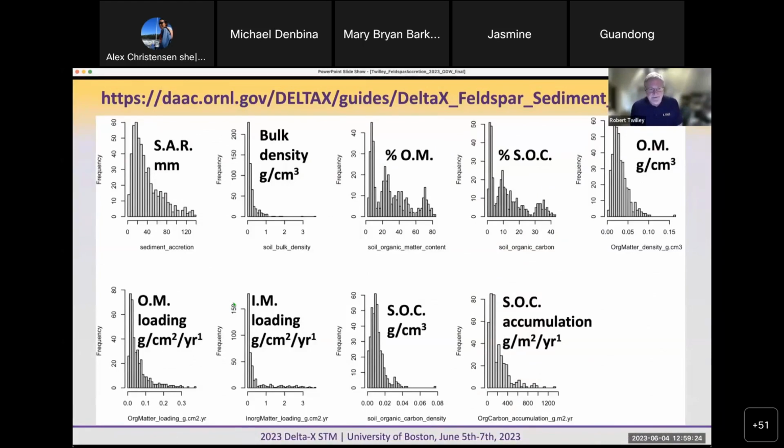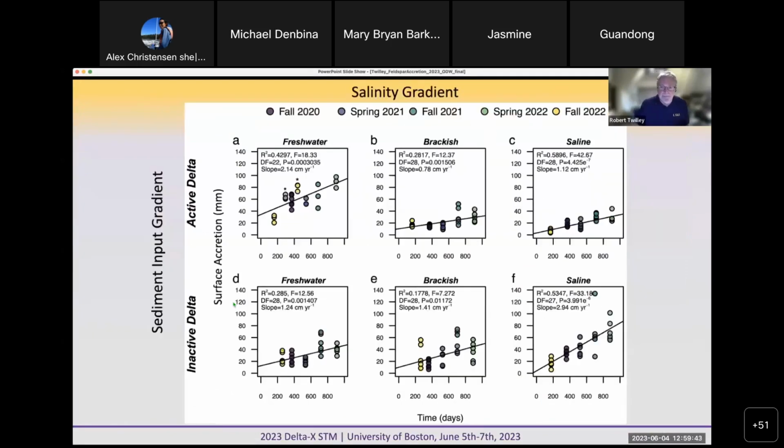Again, I've gone through these, but with the data set, you can look at frequency of the various parameters shown here, 7 parameters that we have in the data set for you to look at with the timestamp and identified length of time in between sampling.